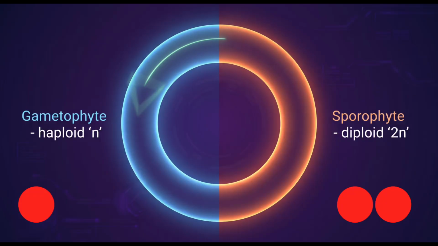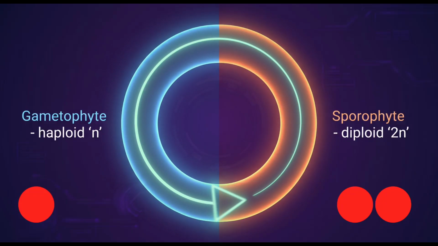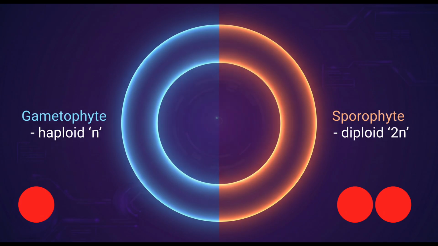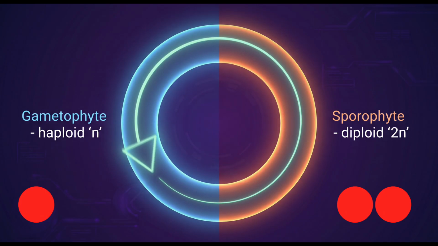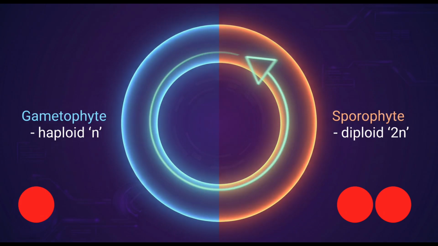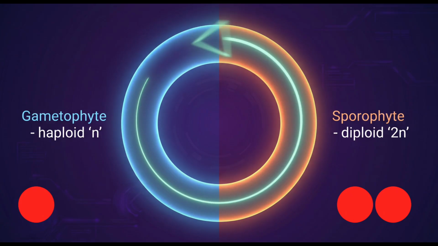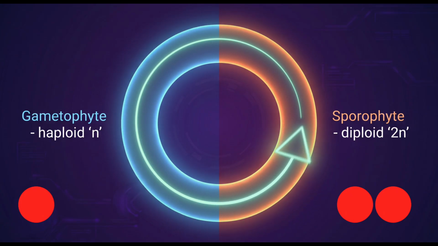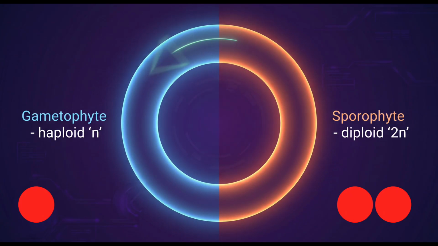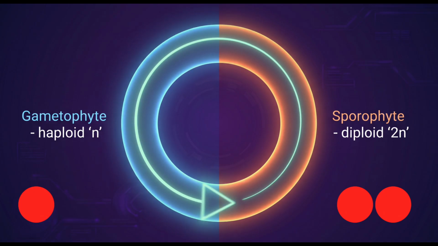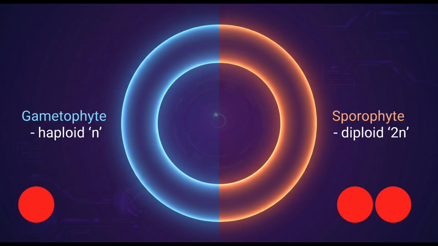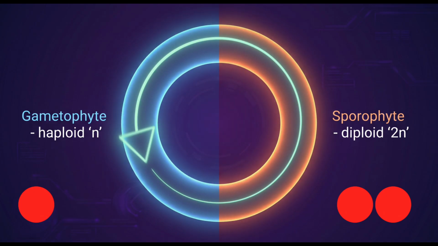Throughout all these plant groups, there is a universal rule: the alternation of generations. A plant's life cycle alternates between two distinct phases: a haploid gametophyte that produces gametes, and a diploid sporophyte that produces spores. The balance shifts depending on the plant.